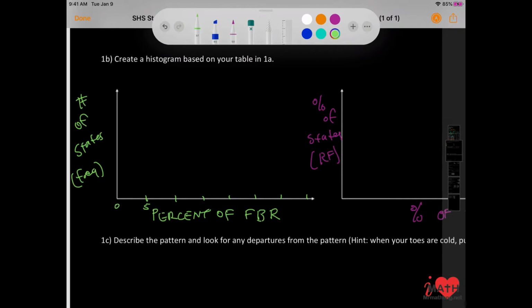Hopefully that's enough. 10, 15, 20, 25, 30, 35. And then I'm going to go, the highest percent that we've found, by number of states, was 20. So 5, 10, 15, 20.